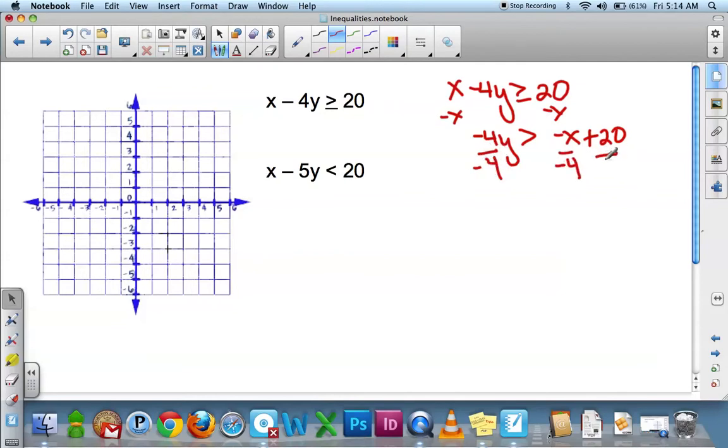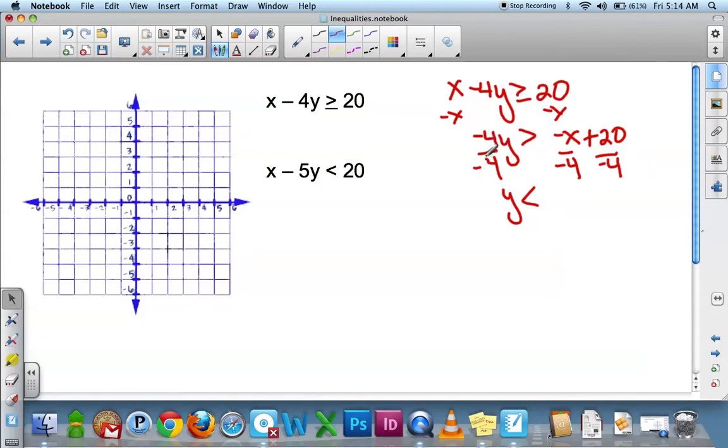Now, some of you should remember this rule about inequalities. If you are dividing by a negative number, that symbol switches. So I need to switch this symbol so that it says now a less than. Now if we went through all of this and then we tried a number in the original equation, you would see why that happens.